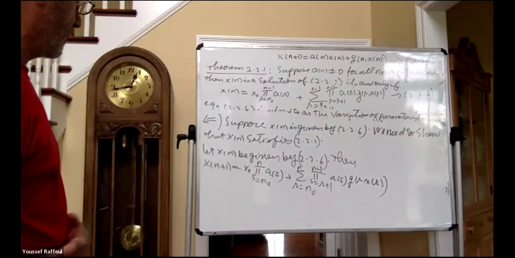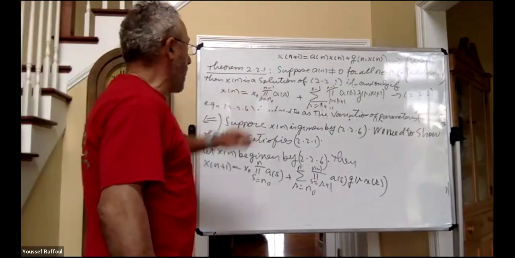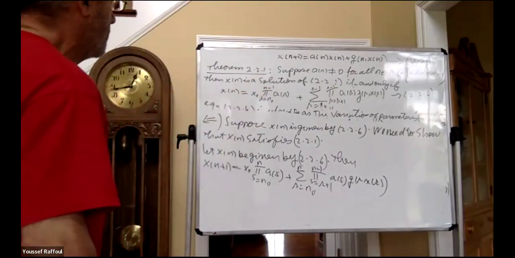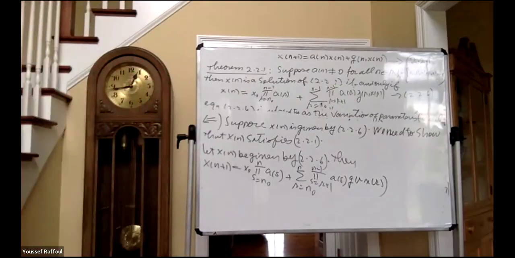Okay? Look, here I have n minus 1. So I'm going to play with this a little bit to show that the solution is really indeed what we have. Okay, any questions so far?